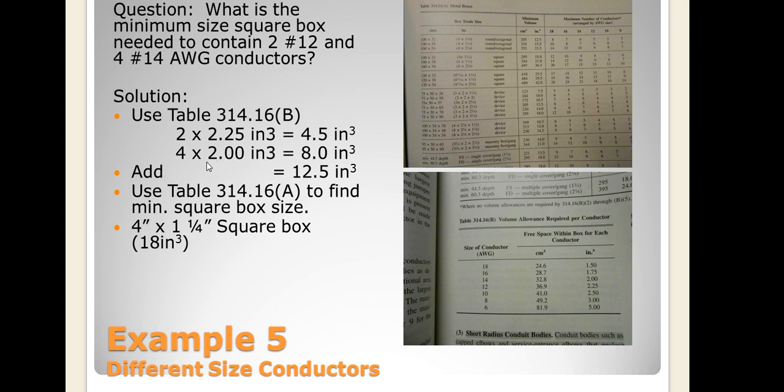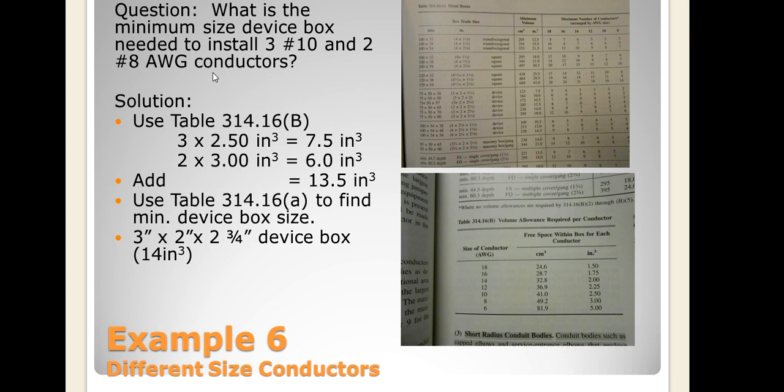They occupy 2 times, there are 4 of them, and you add them up and find that they're occupying 12 1/2 cubic inches. And the next point is to find the minimum size square box, and we find that it is a 4 by 1 1/4 square box with 18 cubic inches, and that's sufficient for those conductors.